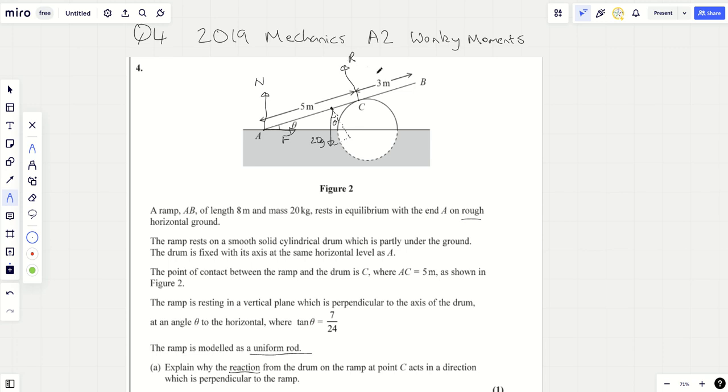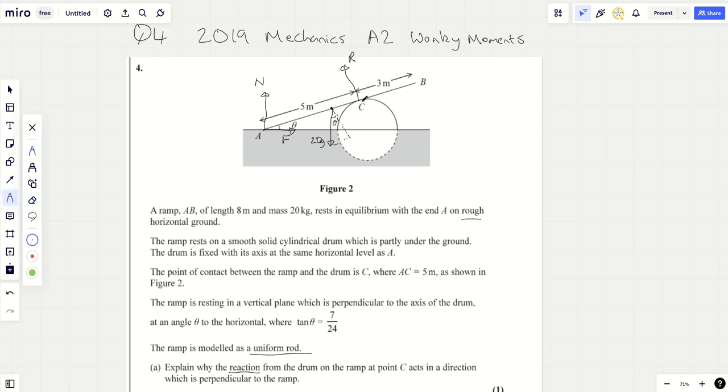If it wasn't perfectly smooth, you'd maybe have a slight friction like that, and overall your contact force wouldn't be perpendicular, it'd be off to the right. So it's because there's no friction there that the contact force or reaction force, which is actually a combination of two forces, the normal reaction and friction, both of those are contact forces, that's why this is perpendicular.